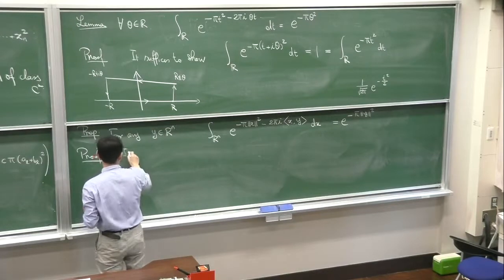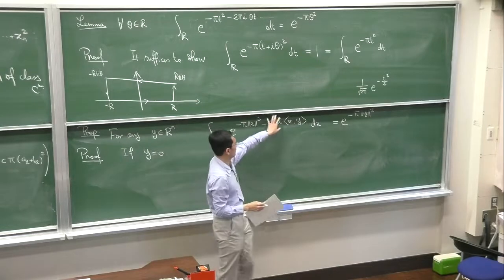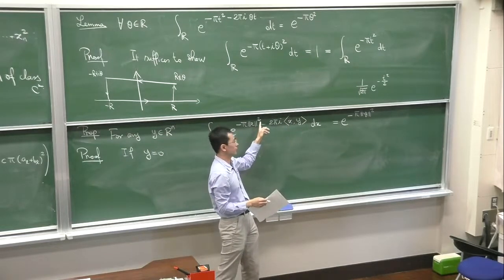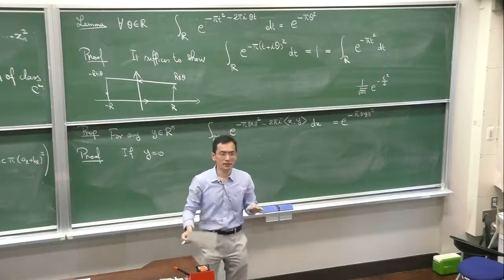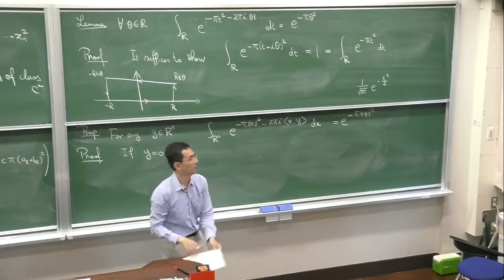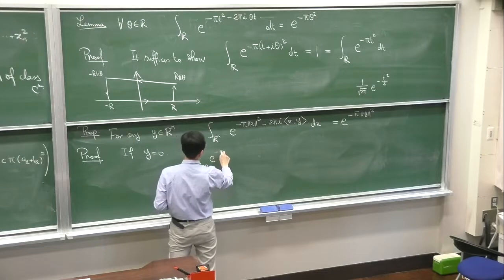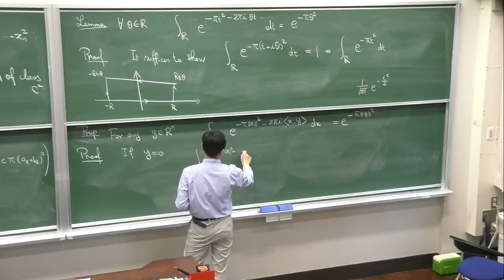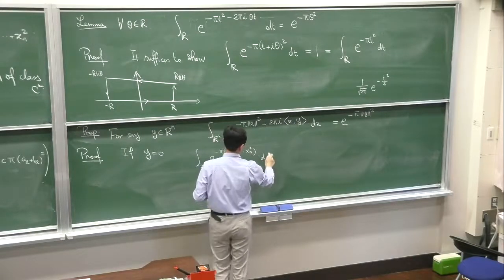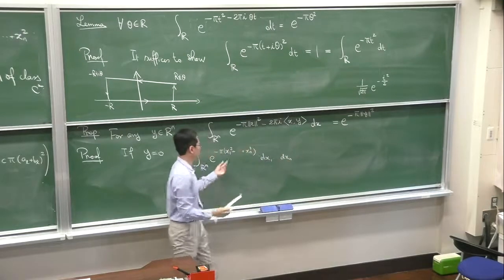So if y is 0, then you are happy because this term will vanish. You have exponential minus pi norm of x squared. So as I said, then you are in the situation of the product of several copies. So you have integration of e to the minus pi (x1 squared plus ... plus xn squared), and then you have dx1 ... dxn.